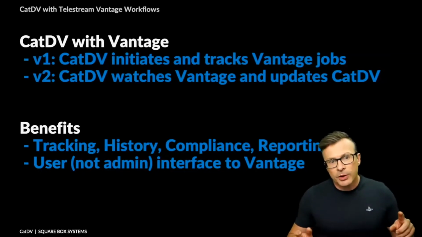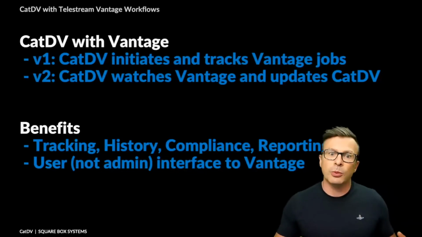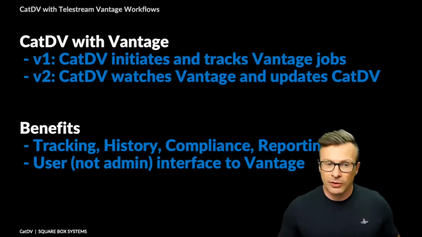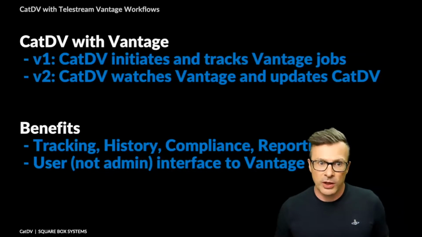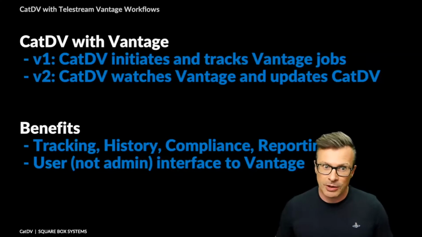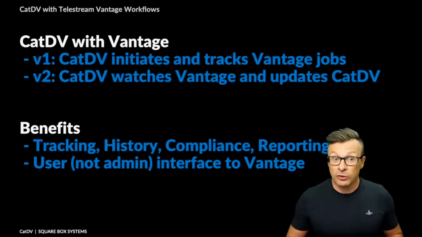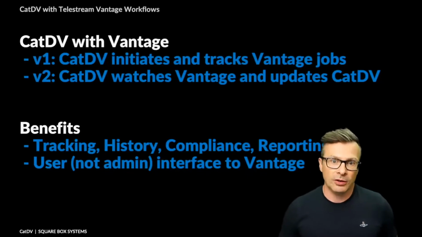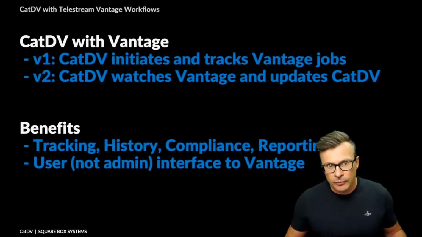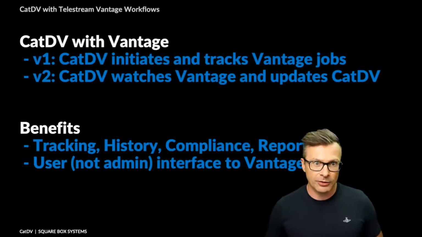So by using CatDV to initiate workflows and to see what's going on in Vantage, almost to provide a dashboard of what Vantage is up to, we can use CatDV as that user interface and only expose those things that we think are really valuable for users to do, not administrators. Nobody can do any damage. Nobody can make inadvertent changes. Nobody can make workflows break, but people can still use that immense power that sits in the Vantage platform from CatDV.